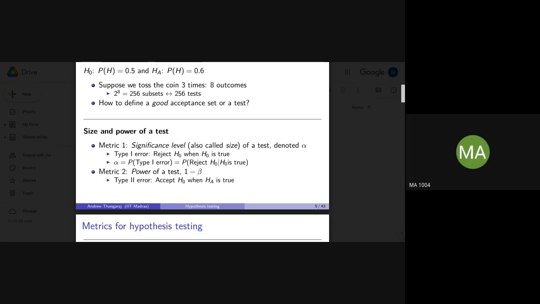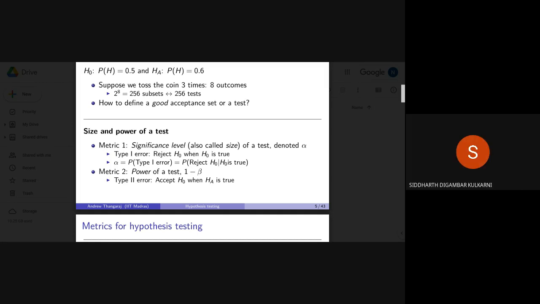When HA is true, you are rejecting H naught. That is called the power of the test.